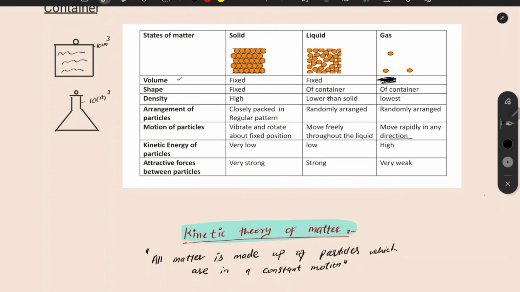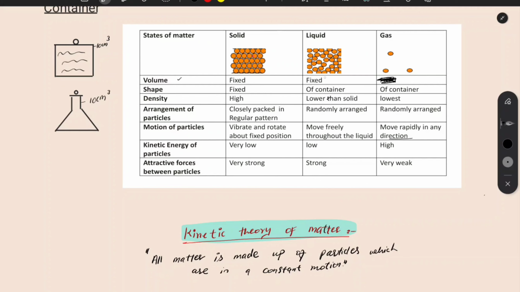Now solid will always have a fixed volume. Your pencil, your ballpoint, your tablet or cell phone, these all have a fixed volume. If you place your mobile anywhere in your room or surroundings, its volume will remain fixed.